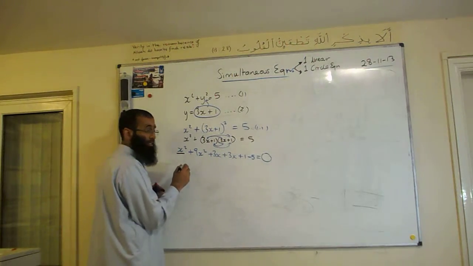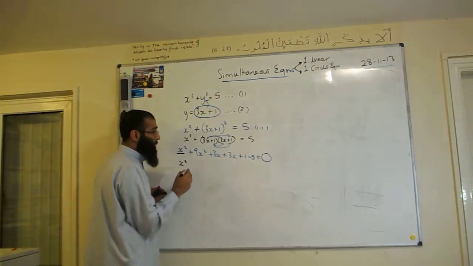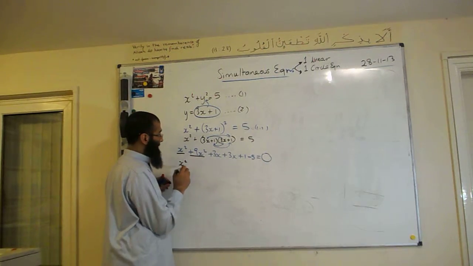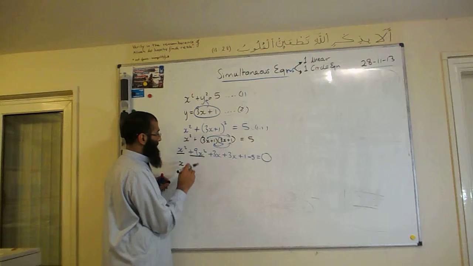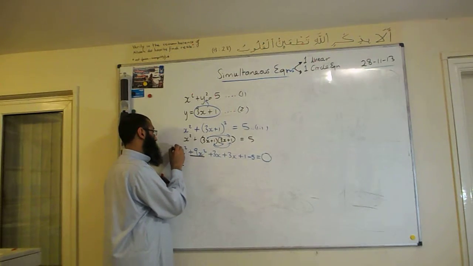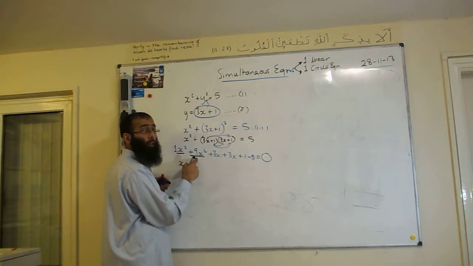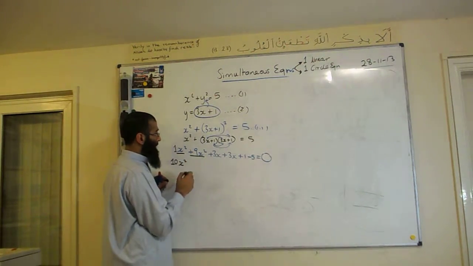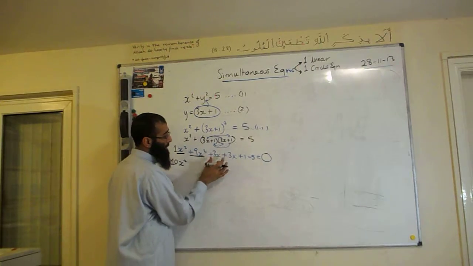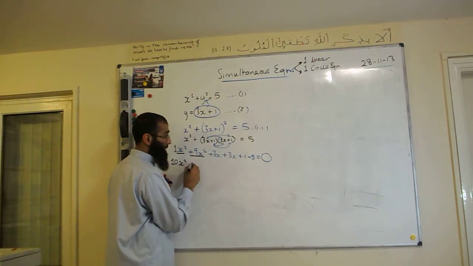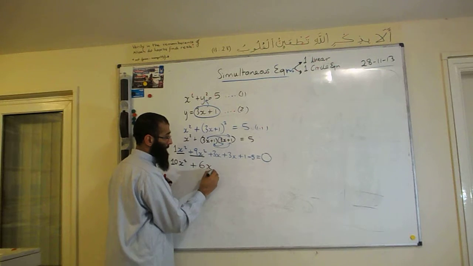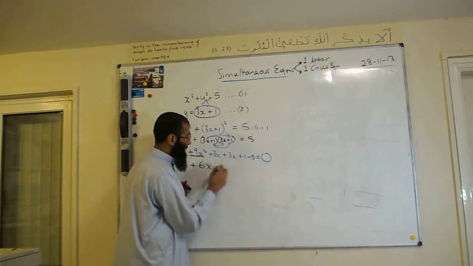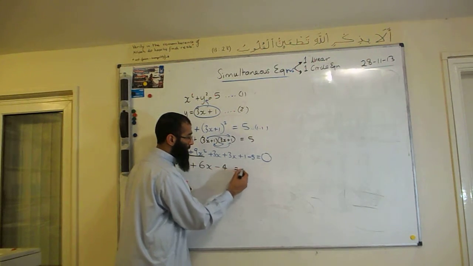The x squared stays as it is, and we have x squared plus another 9x squared. That's 1x squared plus 9x squared, so a total of 10x squared. We have plus 3x plus 3x, so that will give us plus 6x. We have plus 1 minus 5. If I have 1 and I owe you 5, then I owe you 4.